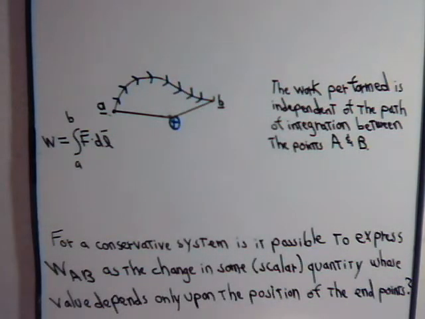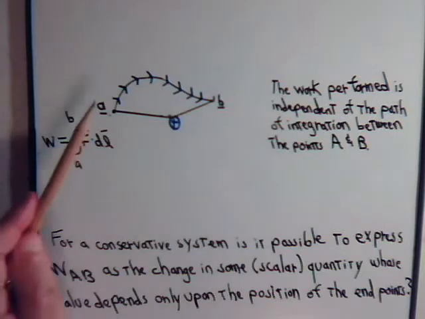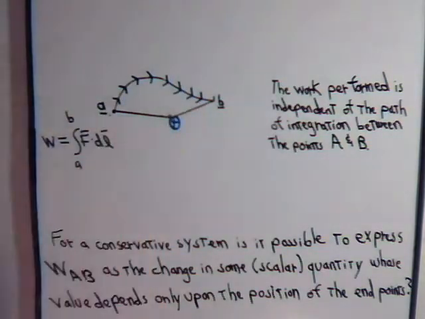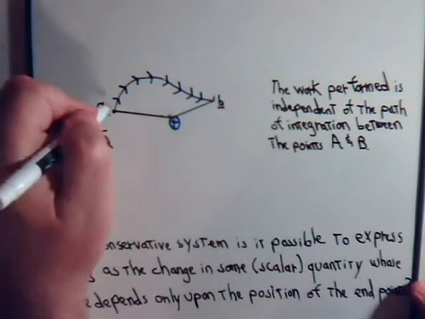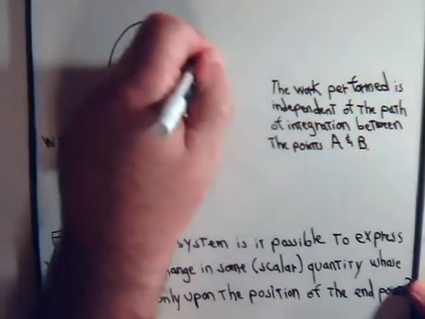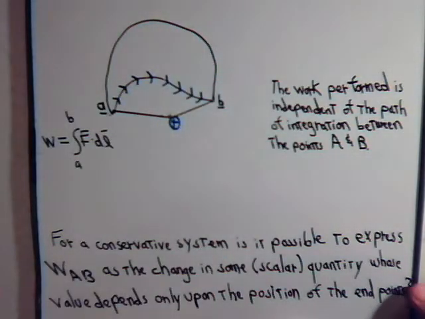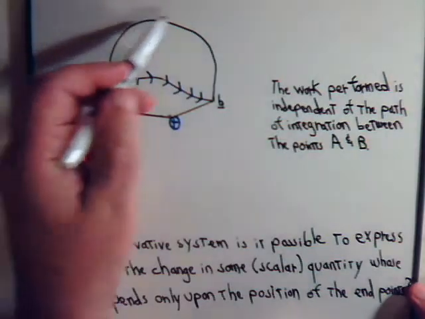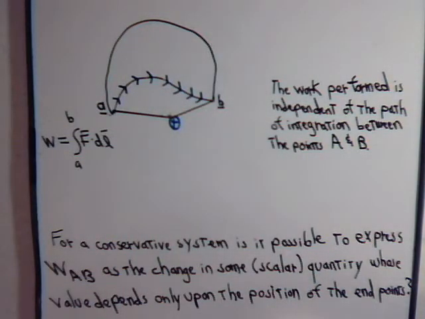So if we move our test charge along this path, or whether we moved it along this path here, where it might be 3 or 4 times longer, the amount of work that is performed is exactly the same.